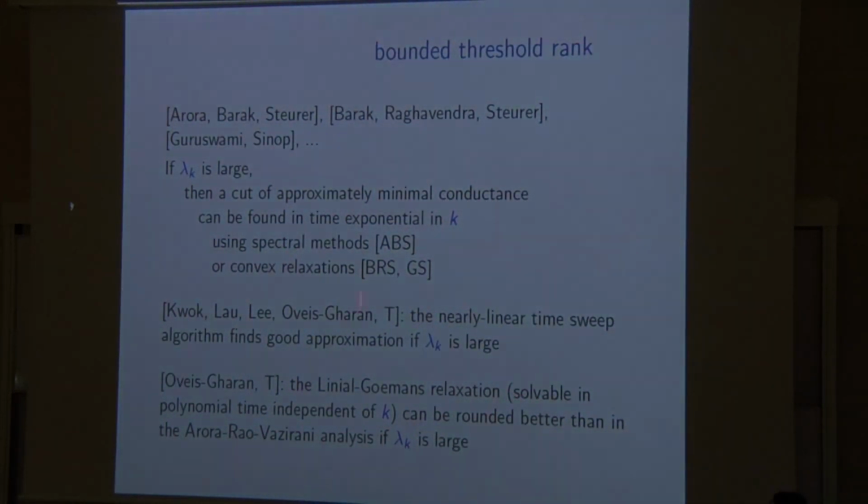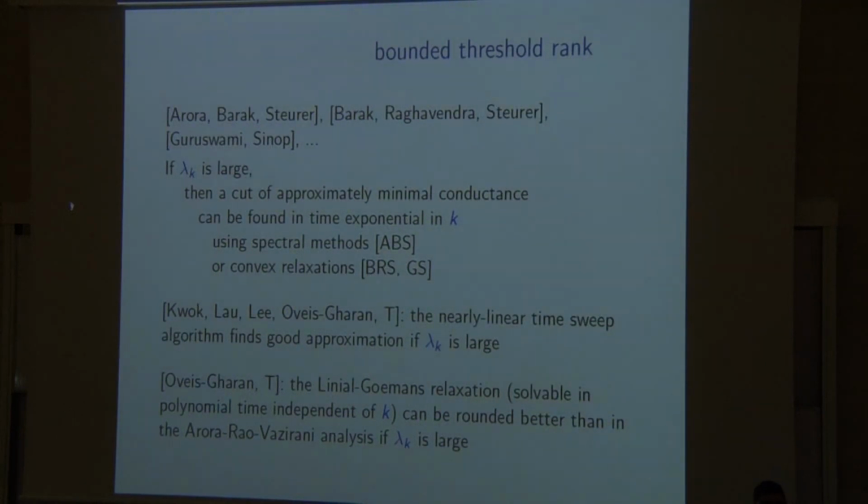That's not literally how those arguments work, because some of the ways we know to argue that when lambda k is large the graph looks like k expanders, those results lose. They're too weak to actually imply that you can just say you never want to split one of those expanders. But they're the moral underneath.